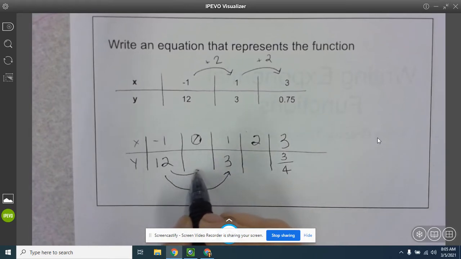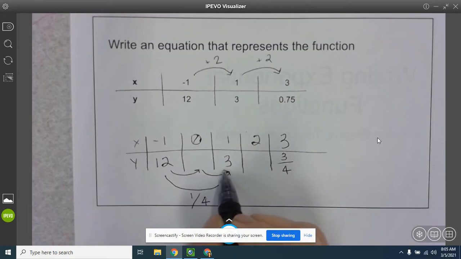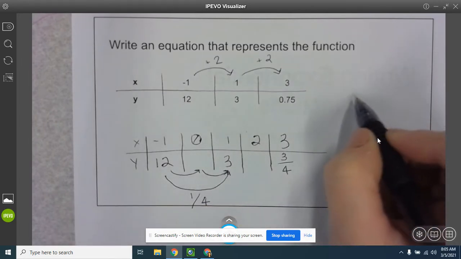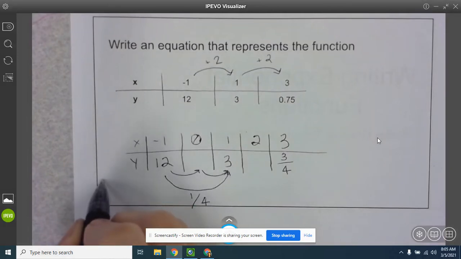Now, in order to do that in 2 jumps, this is where you've got to put on your thinking cap. I have to figure out what 2 things multiplied together that are the same would get me 1/4. So I'll do this over here.